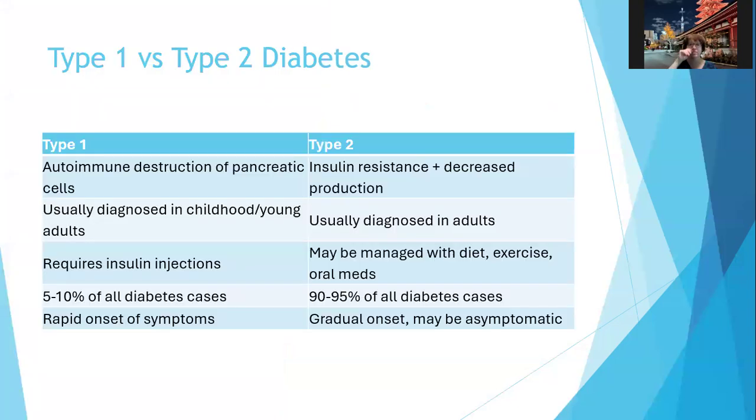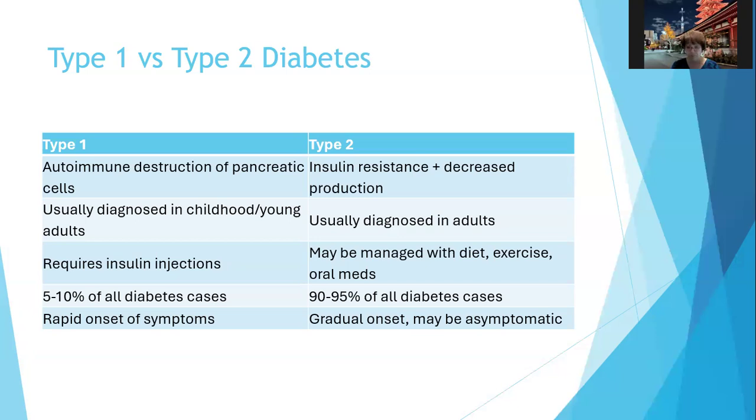So type 1 versus type 2. Type 1 diabetes is also known as insulin-dependent diabetes or juvenile diabetes because it's often diagnosed when someone is young, usually diagnosed in childhood or young adults, teenagers. It requires insulin injections because the autoimmune destruction of those pancreatic beta cells means your body has the inability to make insulin.